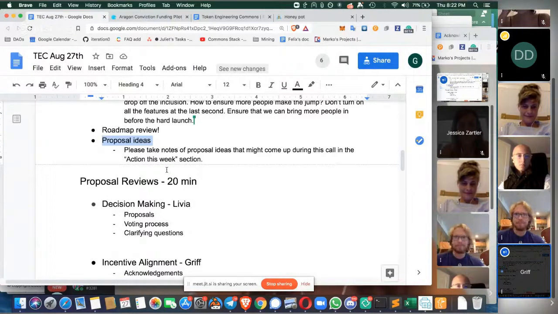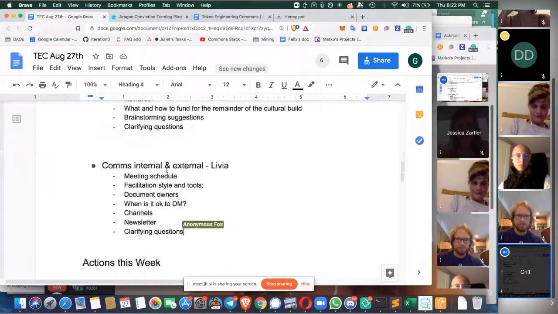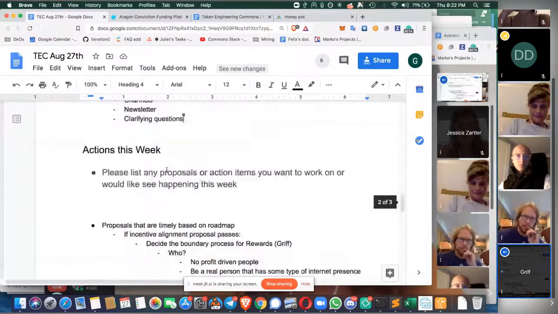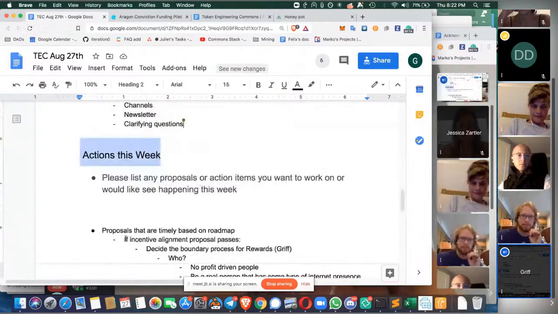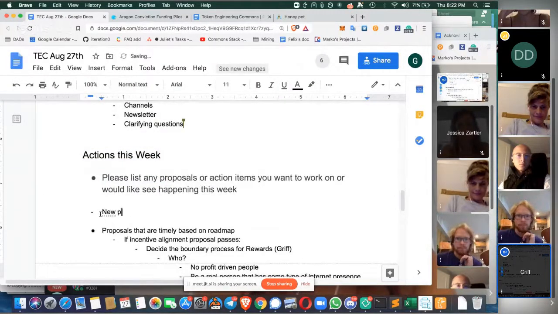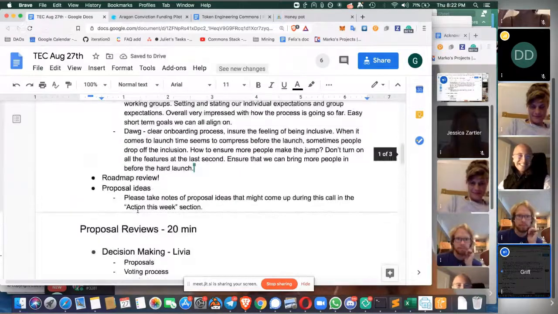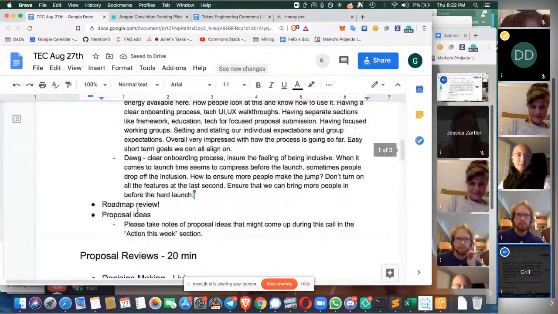If you have any proposals you think we should do as the token engineering community for the Token Engineering Commons, at the end here, under actions this week, just add a note that says new proposal, and write it right there. That way we can at least address it at the end of the call.